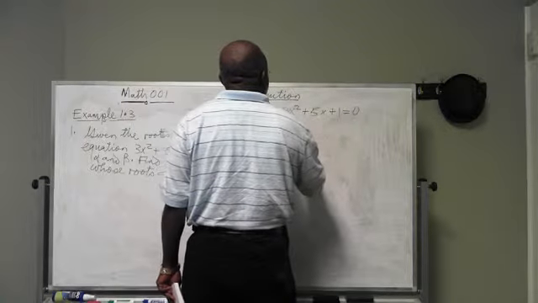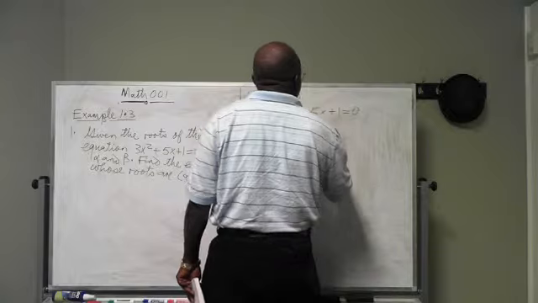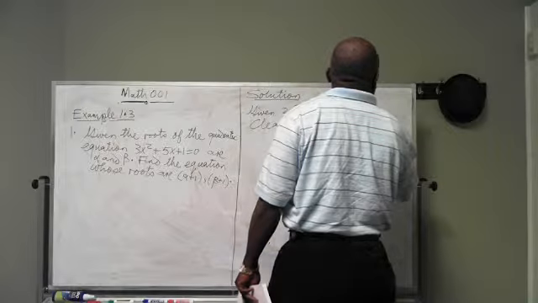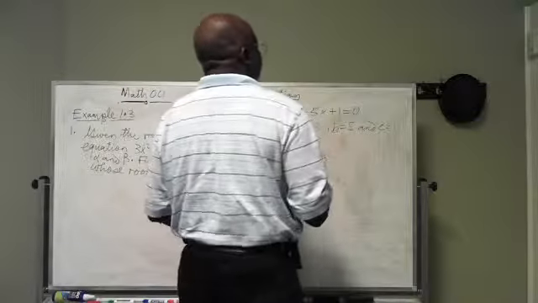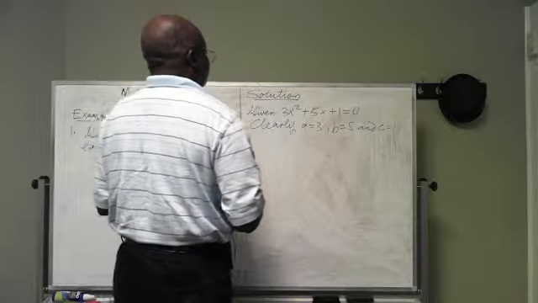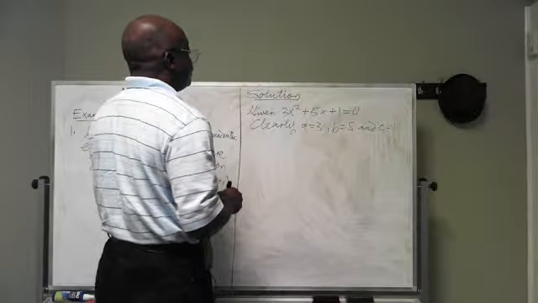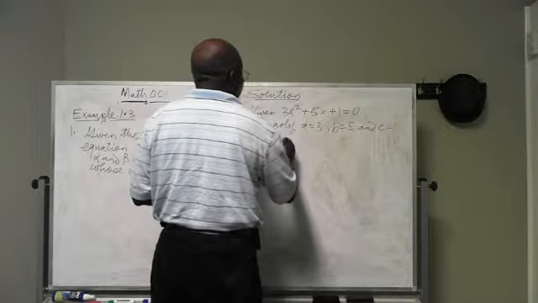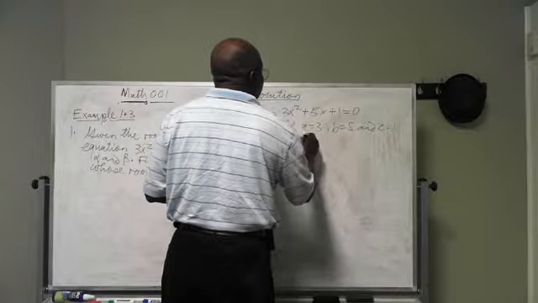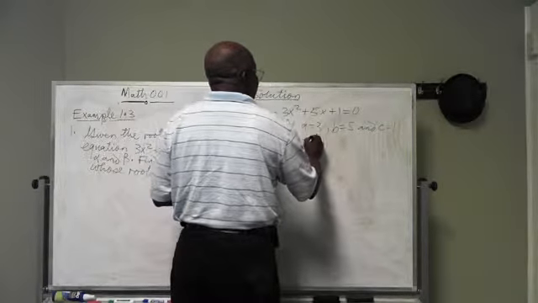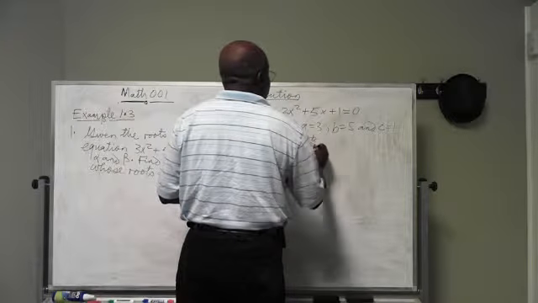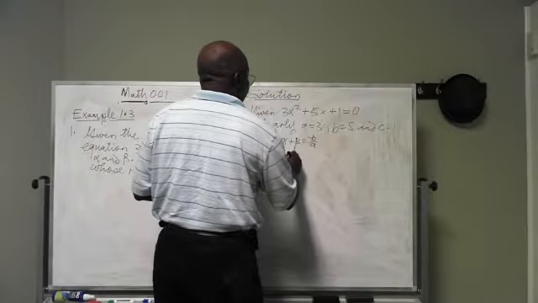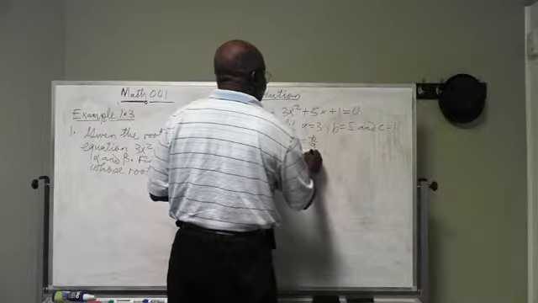Clearly, a equals 3, b equals 5, and c equals 1. Recall, alpha plus beta equals minus b over a, and alpha beta equals c over a.